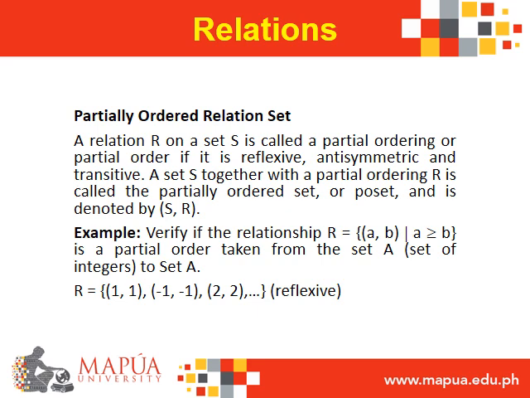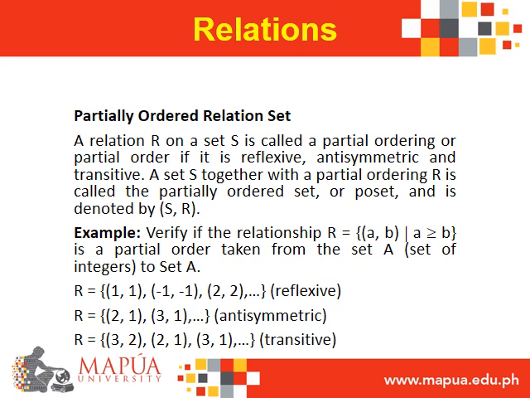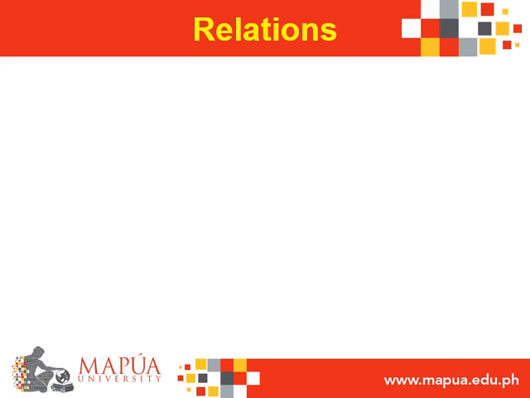Even though (1,1) is considered symmetric, remember, antisymmetric means that symmetry only occurs if a is equal to b. Likewise, this relation also contains (3,2), (2,1), and (3,1), making it transitive. Hence, this relation is a partially ordered set.